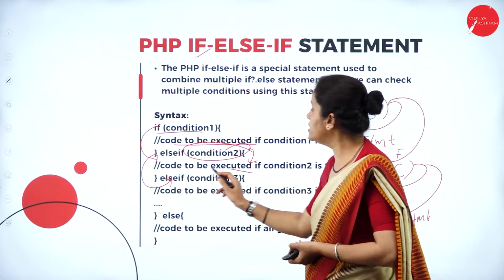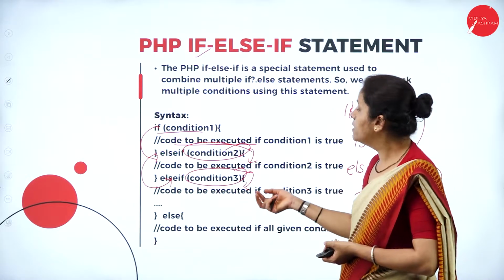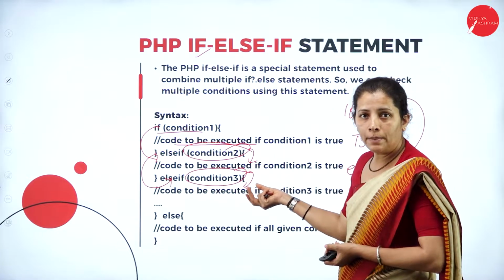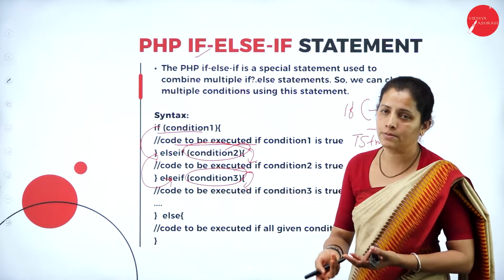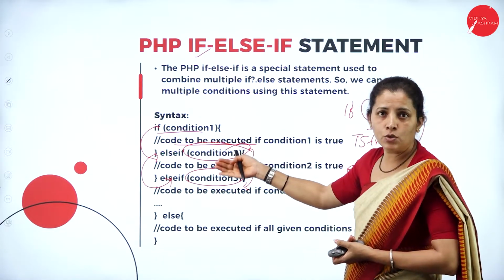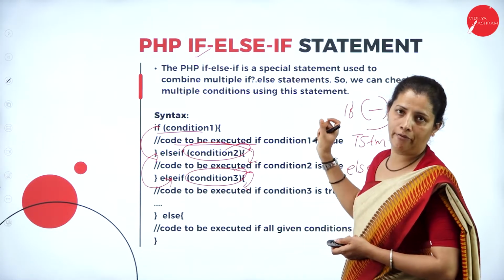So, here the condition is true, then I'm executing the statement which is present in my true section. Suppose it is false, this scenario is going to continue. So it is if, else if.